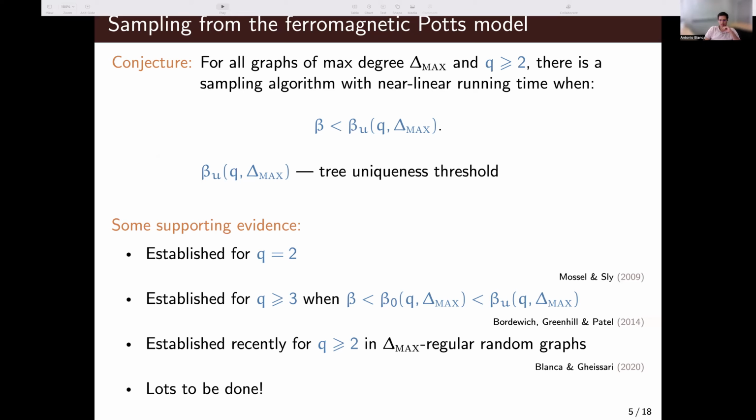And recently, in an earlier work, also with Risa, we showed that this conjecture holds for random regular graphs. Right? So if we draw a regular graph uniformly at random from the set of all regular graphs, then there is a sampling algorithm for the Potts model on the random graph. Okay? But of course, there is still lots to be done.